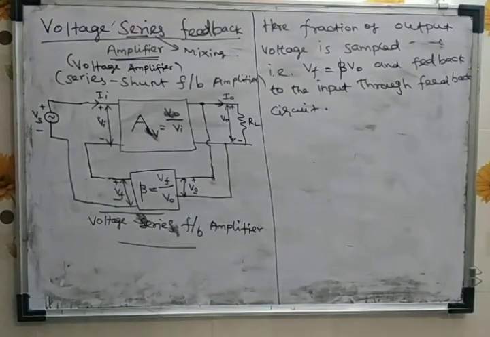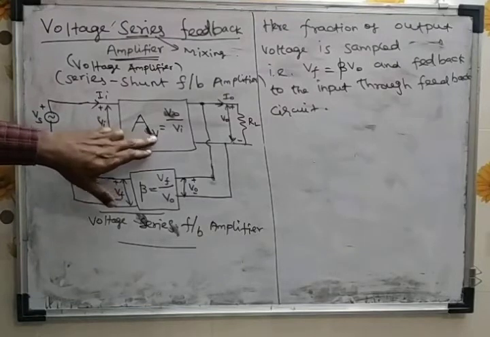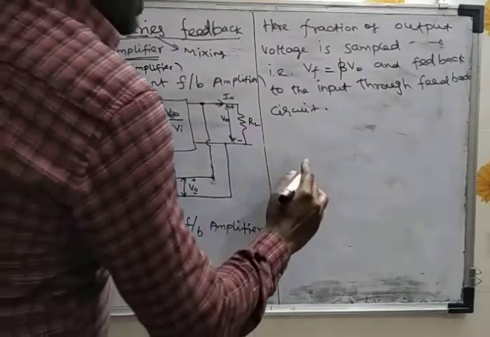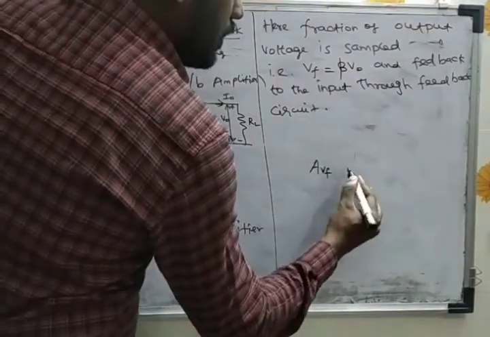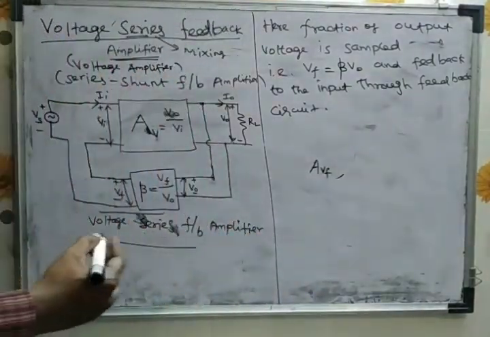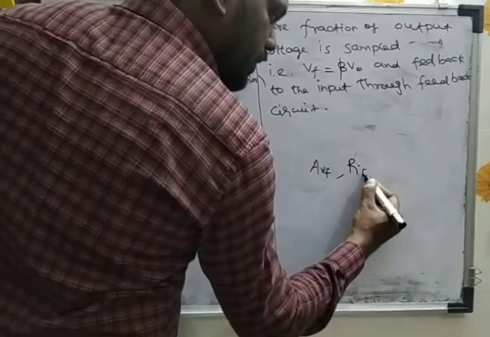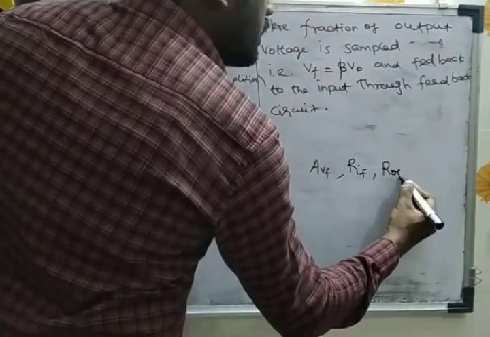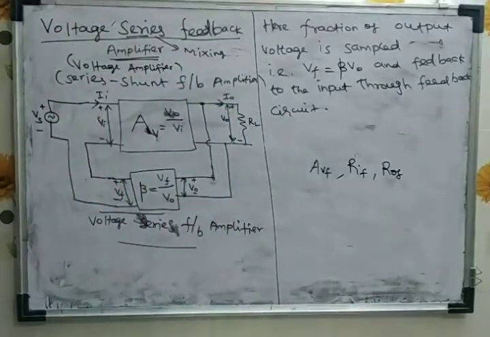Now we are going to calculate the gain with feedback AVF, then the input impedance with feedback RIF, and the output impedance with feedback R naught.